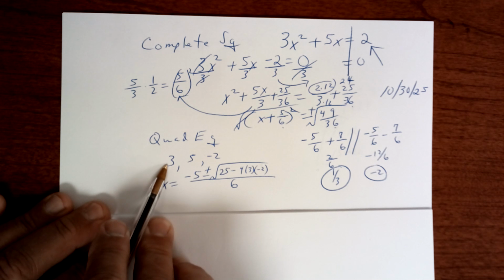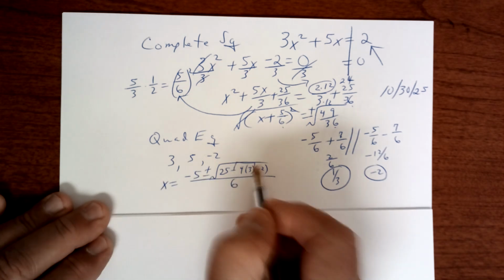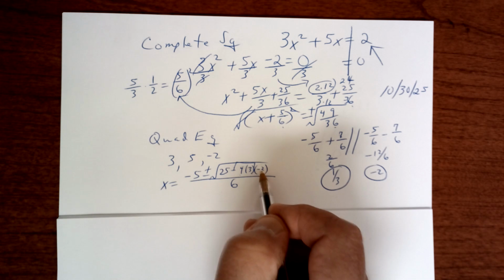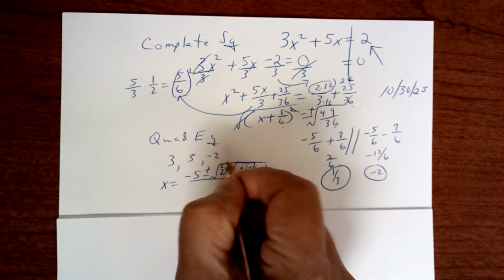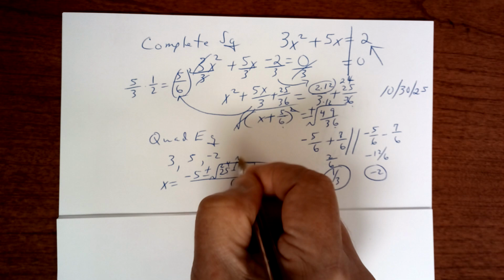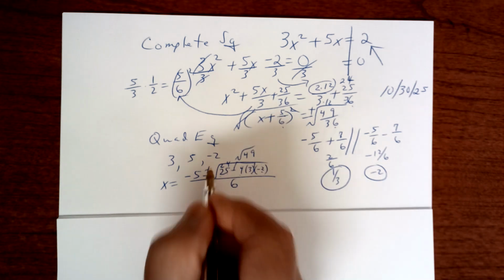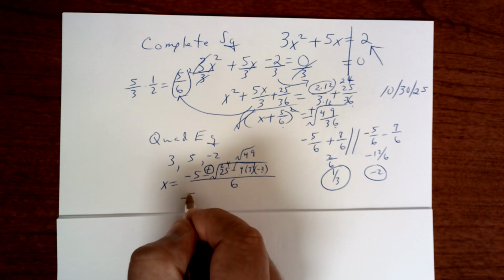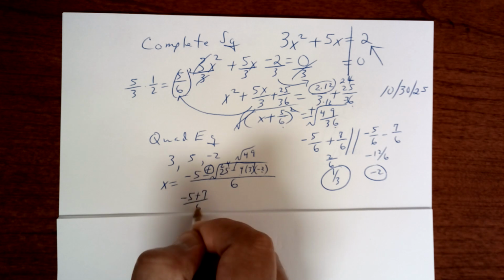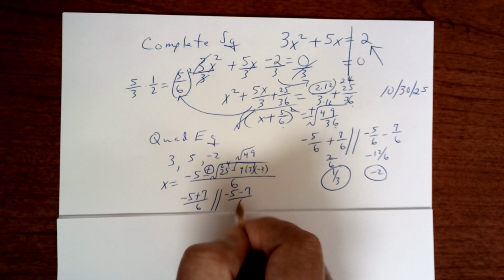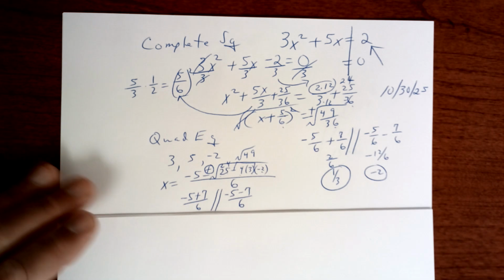At this point, this is a plus, so that's going to be 12 times 2 is 24, and 24, and that is going to be the square root of 49. Square root of 49 is 7, so it's going to be a negative 5 plus 7, and a negative 5 minus 7. And when you do that, you should get the same thing.